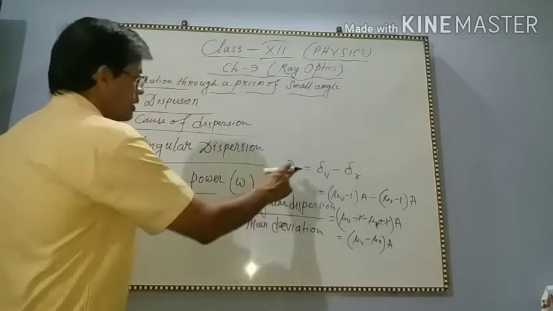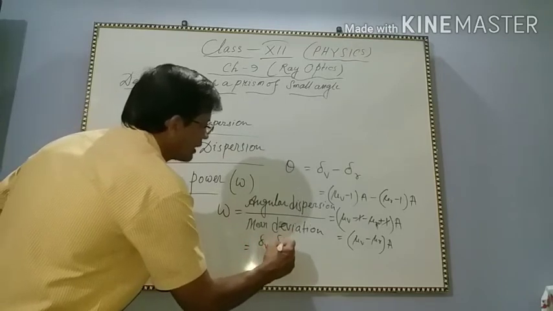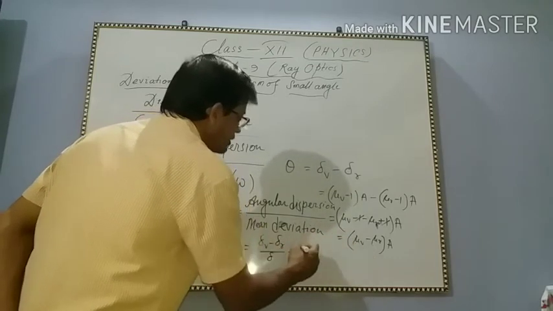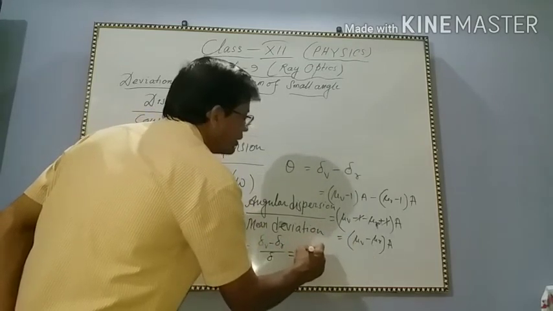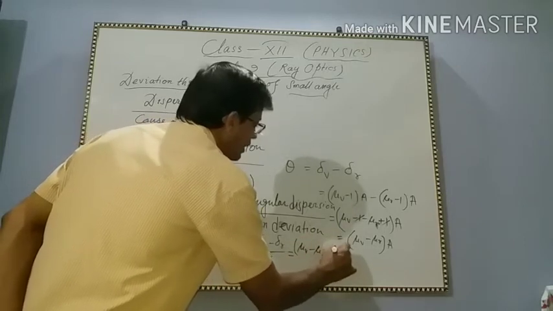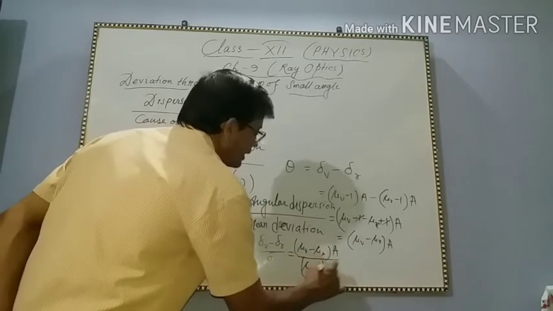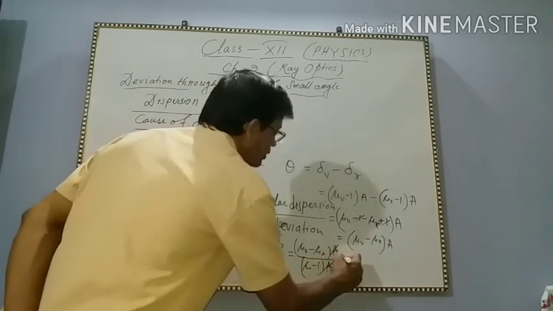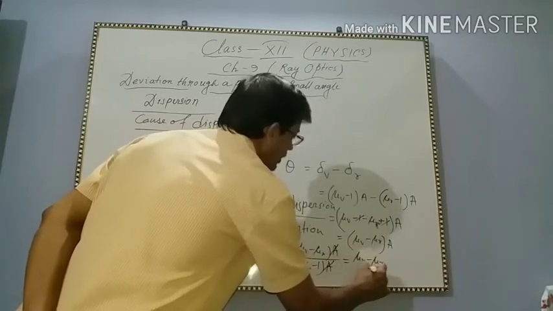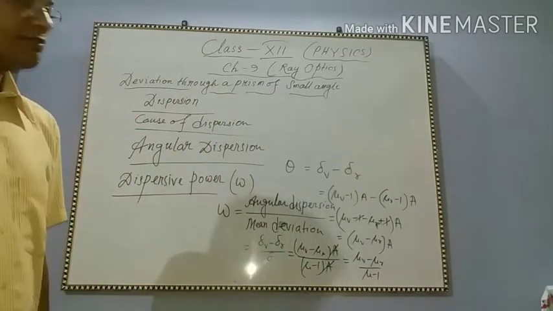Angular dispersion is delta V minus delta R, divided by delta. Delta V minus delta R means mu V minus mu R into A, and delta equals mu minus 1 into A. A cancels, so this is mu V minus mu R by mu minus 1. This is the dispersive power.